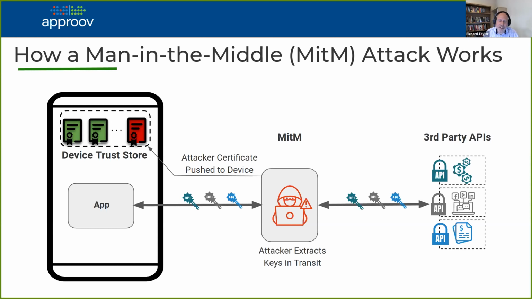So all of a sudden, the app is quite happy to connect to what it thinks is the actual backend API, but it's actually a man in the middle impersonating that backend API. Then the traffic can communicate through the man in the middle to the actual backend API. But of course, in between, the attacker can see all the traffic and can also extract the API keys.